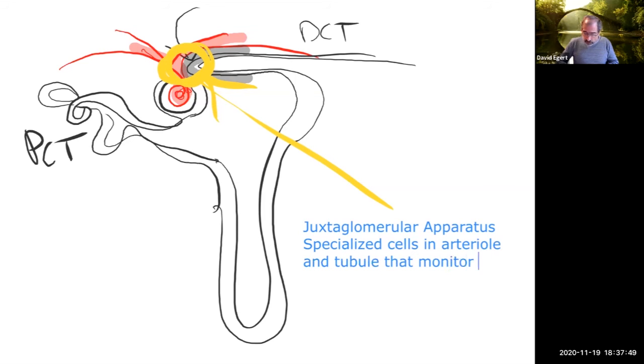And they monitor both blood pressure, right? Just stretch of the arteriole is going to give you a measure of blood pressure. We've talked about how stretch receptors can detect blood pressure. And they also monitor filtrate composition.